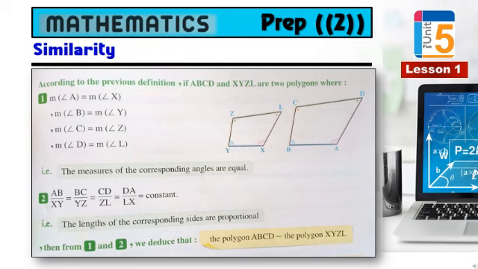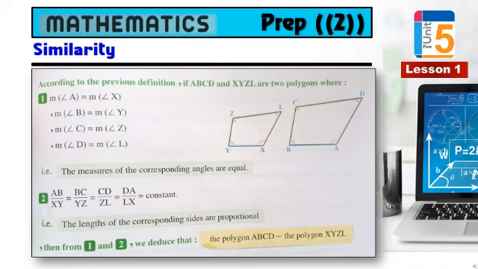We have two polygons A, B, C, D and X, Y, Z, L, where number 1, measure of angle A equals measure of angle X, measure of angle B equals measure of angle Y, measure of angle C equals measure of angle Z, and measure of angle D equals measure of angle L. It means that the measures of the corresponding angles are equal. So the first condition is verified.